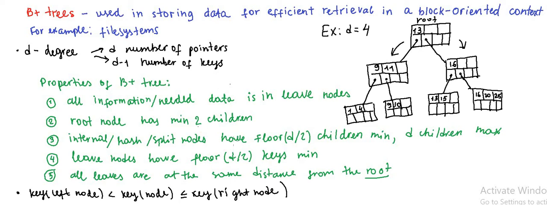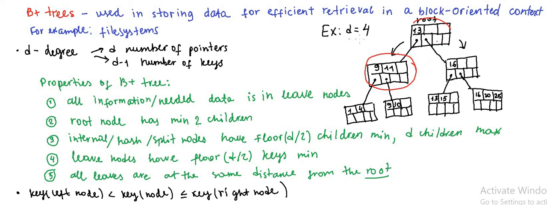And the third property says that, we call this node a root, and the intermediate nodes we call internal nodes or hash nodes or split nodes. Either way is correct. So these internal nodes have a minimum of floor D divided by 2 children.